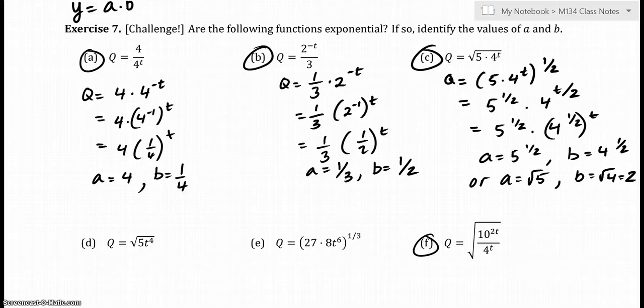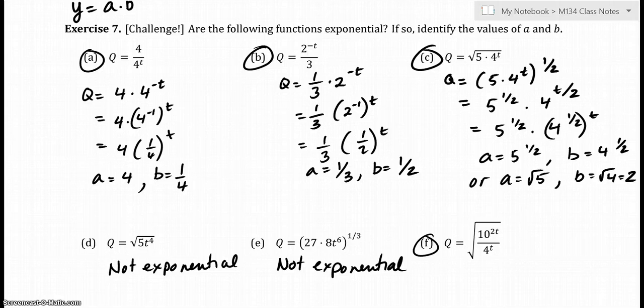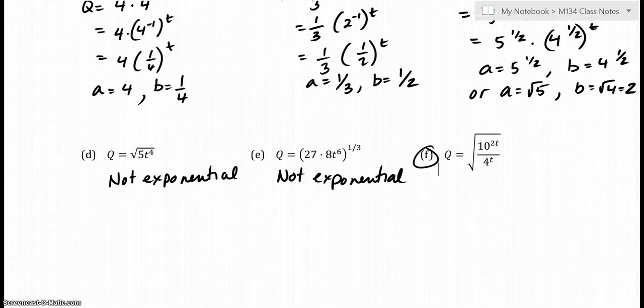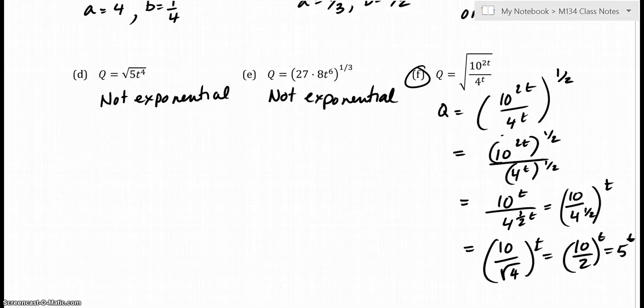So now try F. You don't have to identify the a and b for D or E, since they are not exponential. Did you get it? Here is the solution.